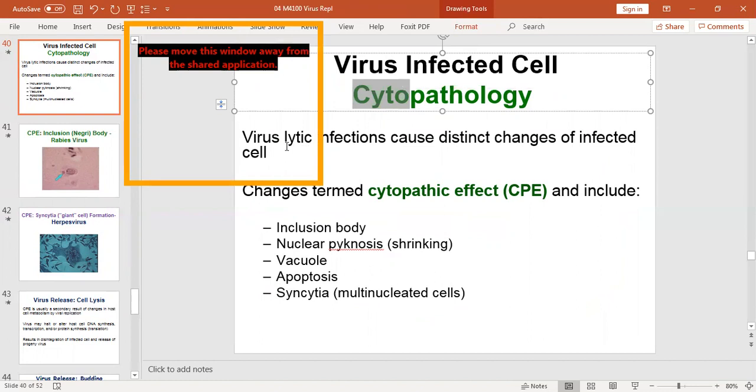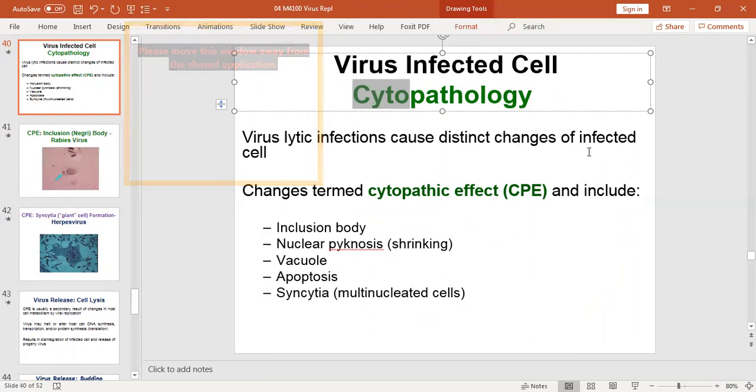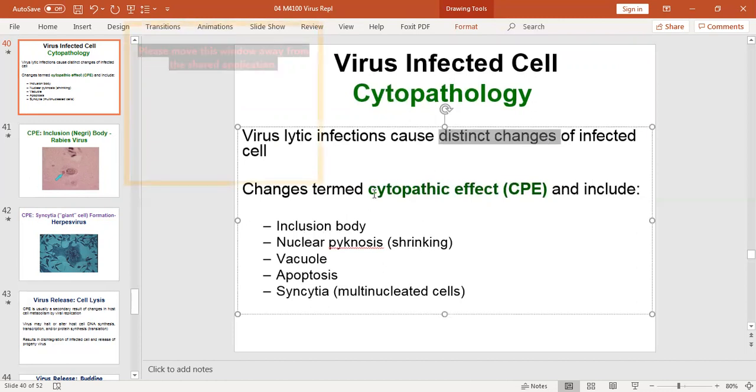So virus lytic infections, those viruses that burst the cell and get out of the cell, cause very distinct changes within the infected cells. And these distinct changes are called cytopathic effects or CPE.